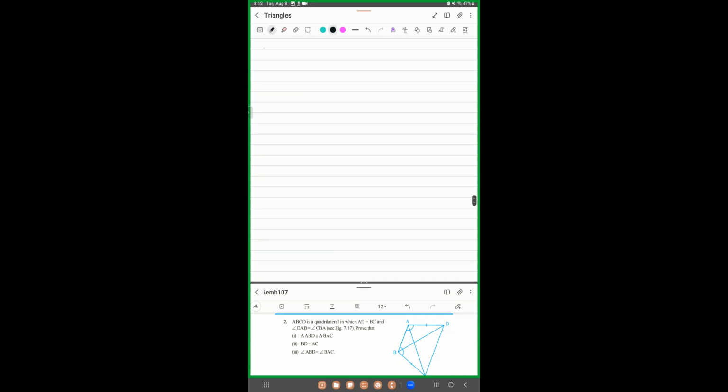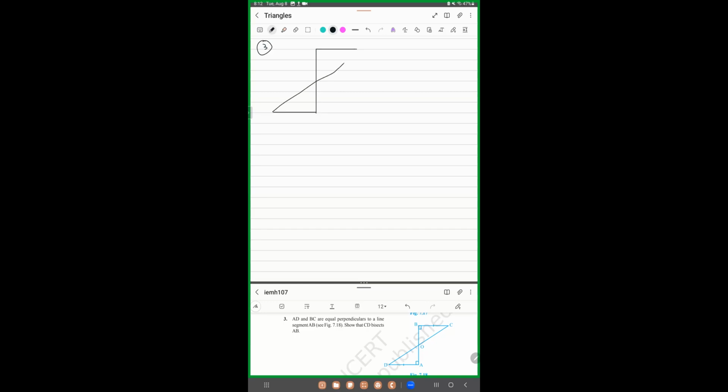Let's come to the third question. Now, you all have to tell me how you're going to do this, okay? They are telling you that AD and BC are equal perpendiculars to a line segment AB.